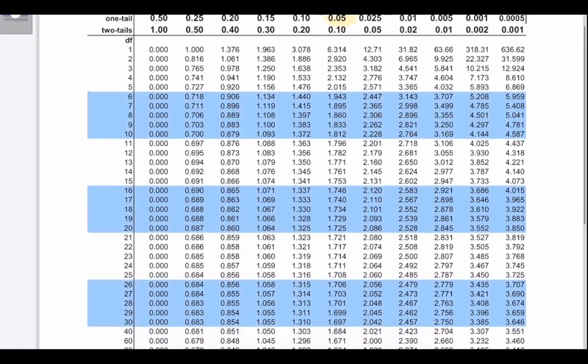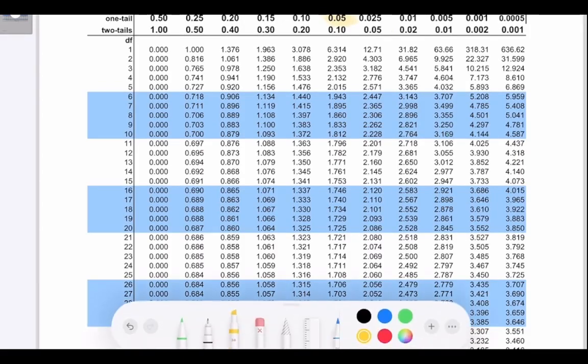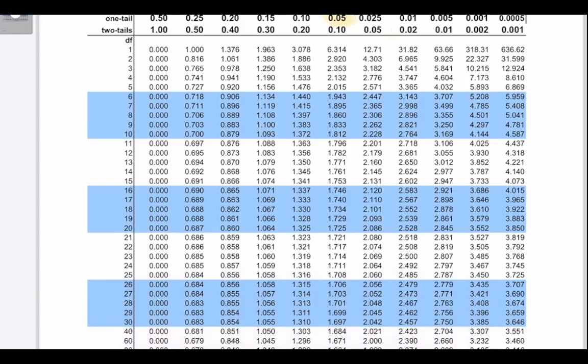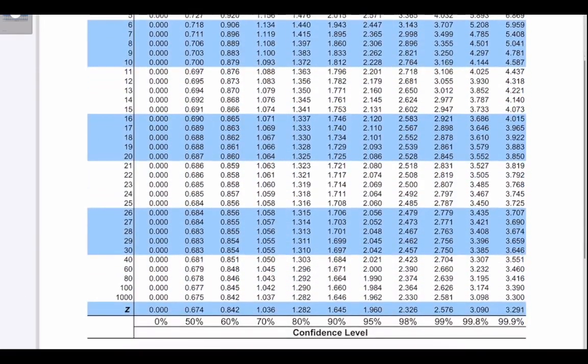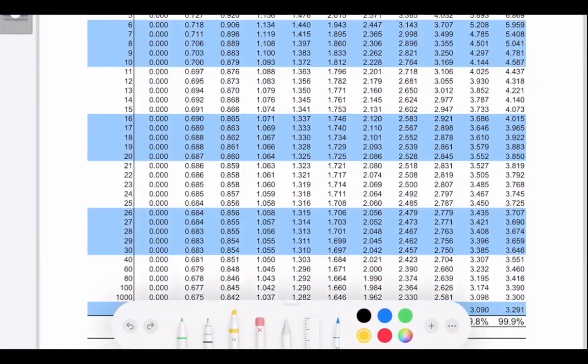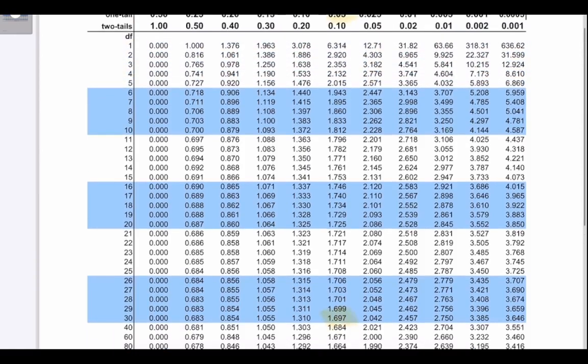So then we go and look at our table, and we notice that there isn't 34 degrees of freedom. So to save ourselves a little bit of work, we're going to round down to our nearest level. So we're going to look here at 30, and I believe that should do it. Yep.